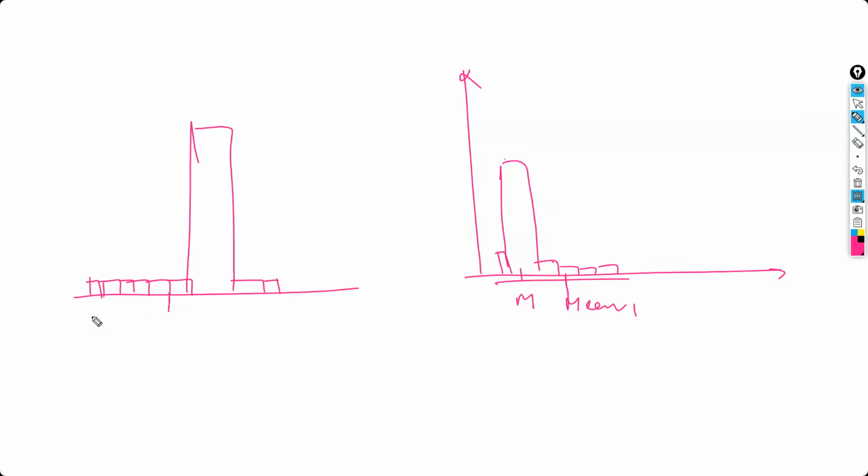This much length is there, and in this length the center position is where I take the mean. Where is my median located? Wherever the big bar is. Now is the median less than the mean or greater than the mean? It is less than, because first you get the mean value.